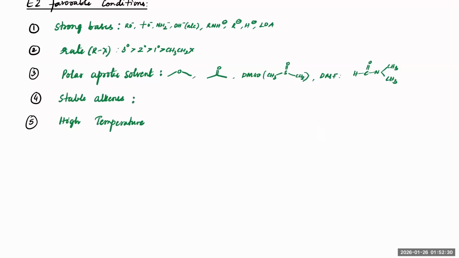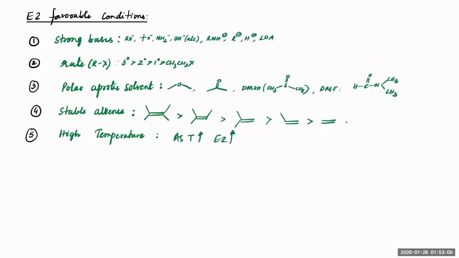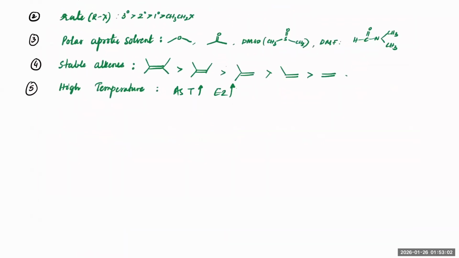Next, stable alkenes, correct? So if you have these kind of alkenes, it is most favorable. I mean, if this is what is forming, then this one, then this one, then this one, and lastly, simple double bond. High temperature, definitely, as temperature increases, E2 mechanism increases. So these are the important points that we learned.